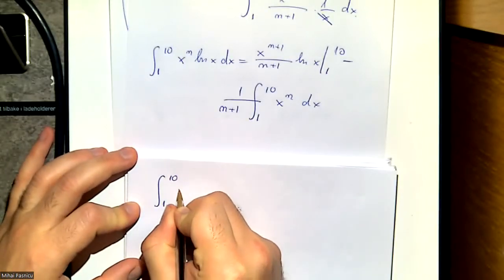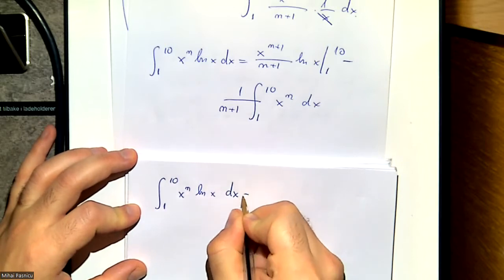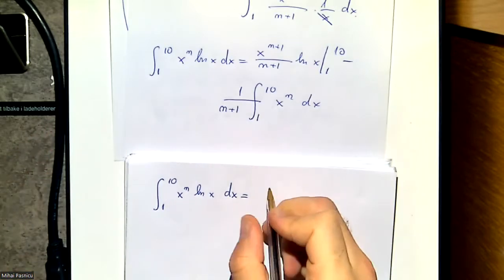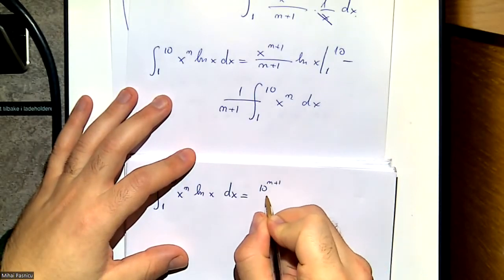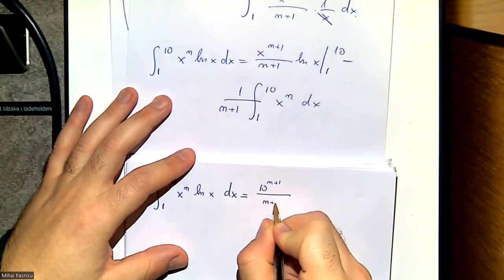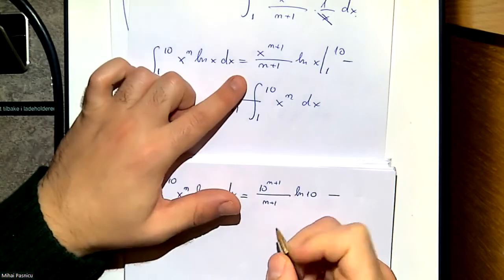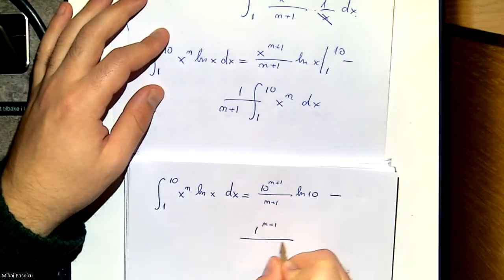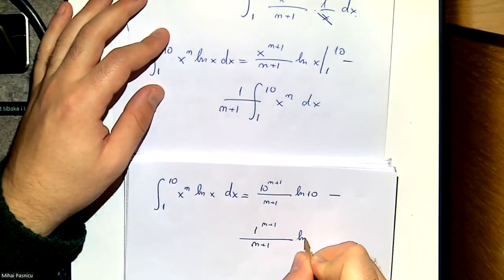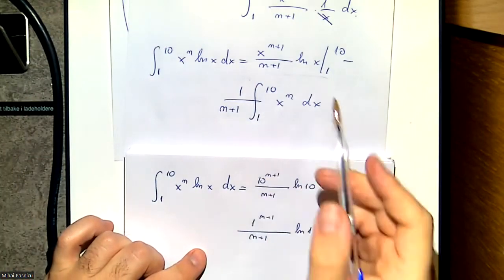Integral from 1 to 10 of x^n log x dx is equal to this thing. So just 10^(n+1) over (n+1) times log of 10, minus 1 over (n+1) times log of 1. So this was the first integral.